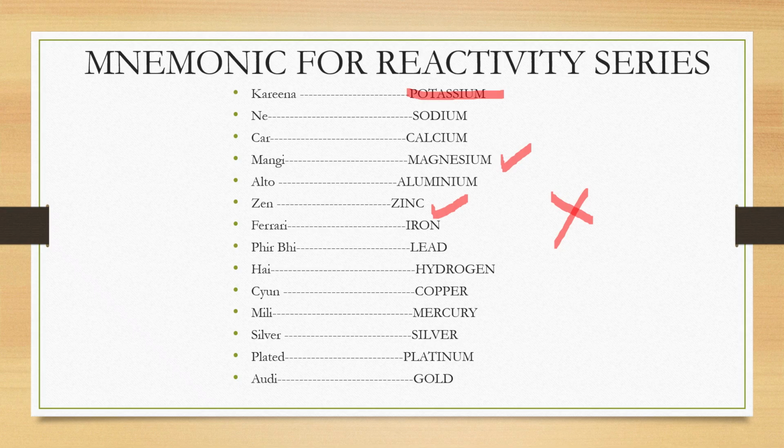But if you have taken magnesium sulfate reacting with sodium, then magnesium will be displaced because sodium is higher in the reactivity series. So this is how the reactivity series plays a very important role in displacement reactions.